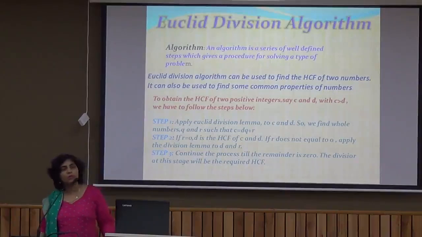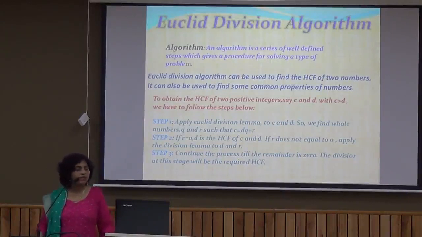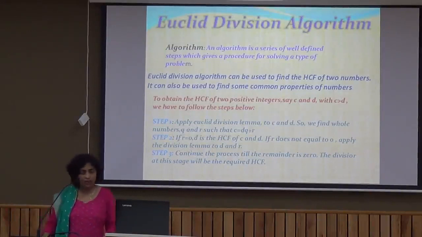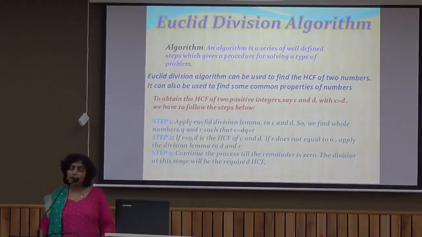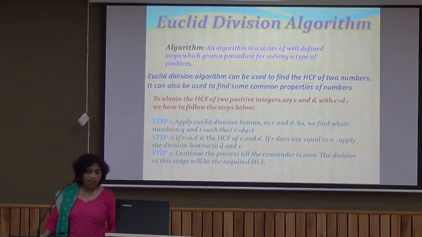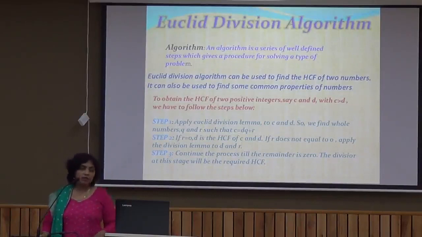Let us take those two numbers as C and D, where C is greater than D. So what are our steps? Step 1 is we apply the lemma on C and D so that we find whole numbers Q and R such that C is equal to DQ plus R. Now if R is 0, then D at this step is the HCF, and our HCF is D for C and D. But if R is not 0, we apply the lemma to D and R. Then we again continue the process till the remainder becomes 0.